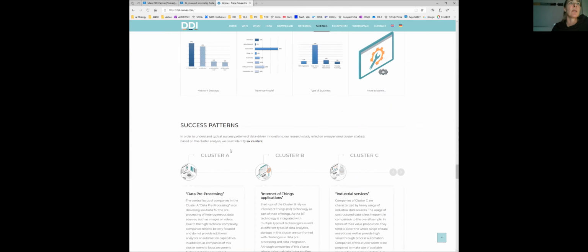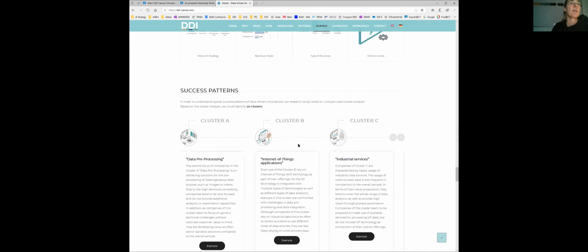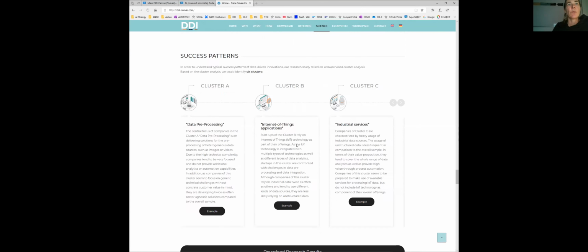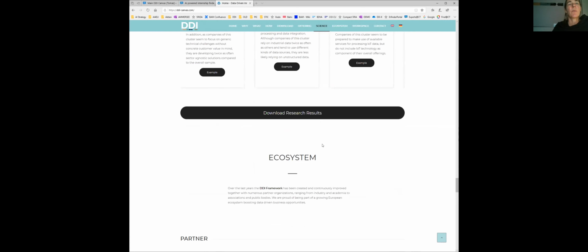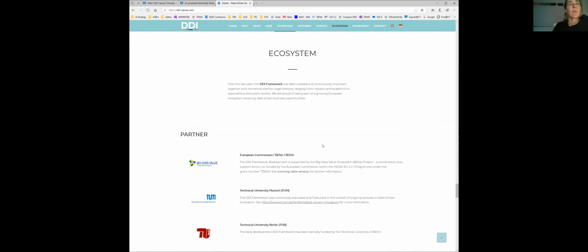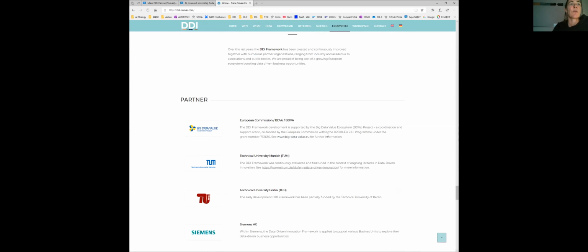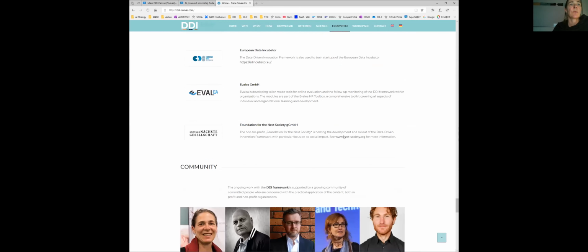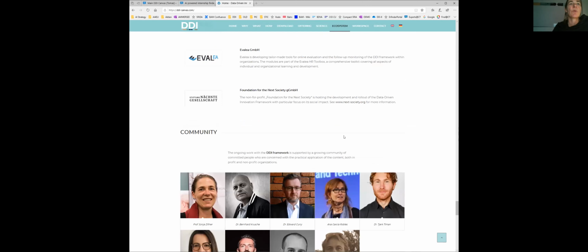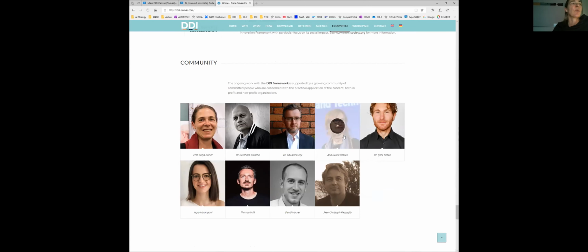We have also identified some success patterns: which types of companies and offerings are available, to give some guidance on where to put the focus. And here you see the different partners, BDVe and the different organizations who are involved, and also people who could support you in bringing this forward if you're interested.